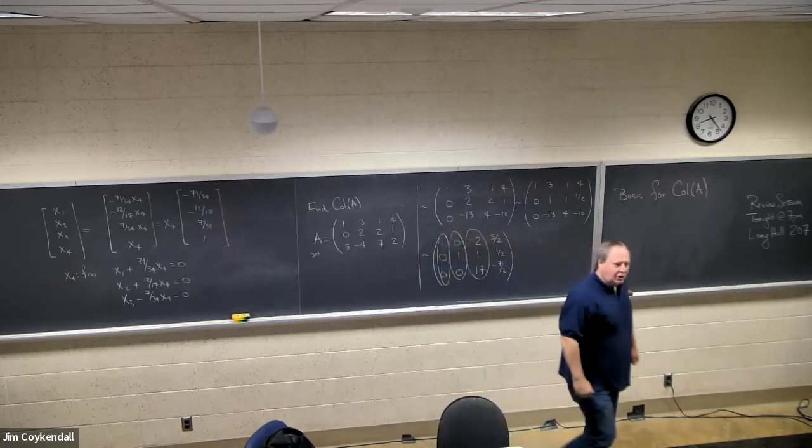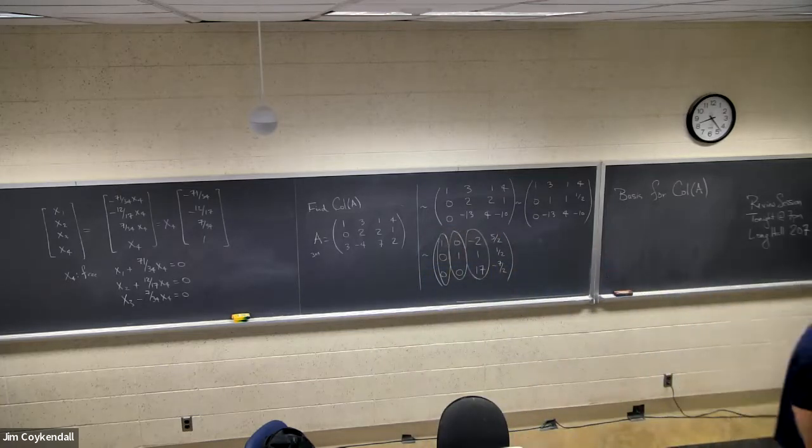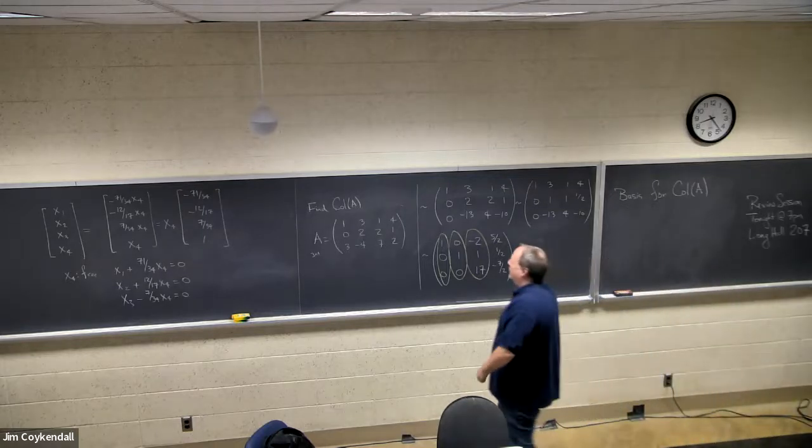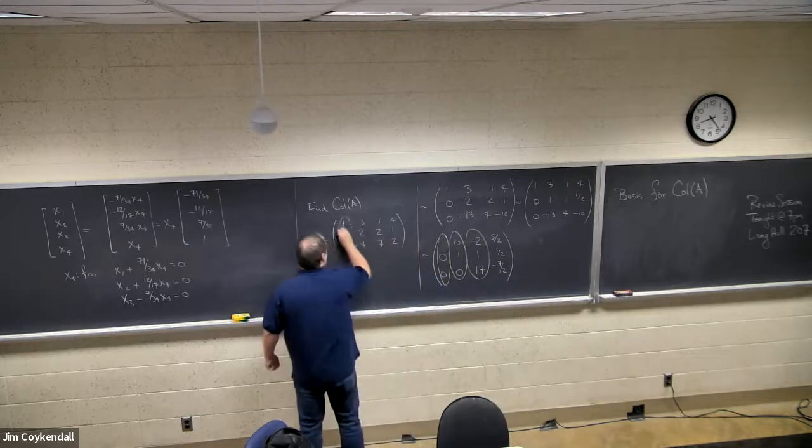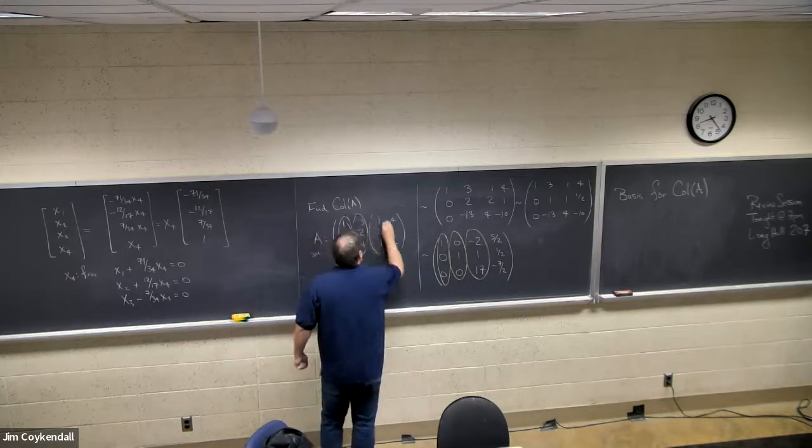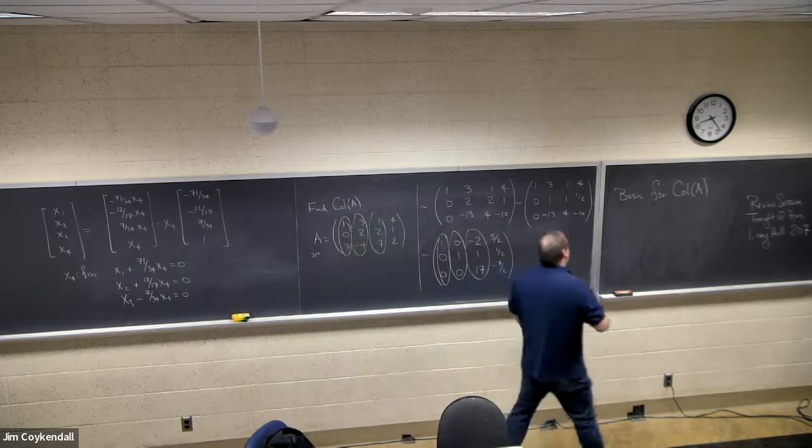At this point, I've determined that those three things that I've circled in yellow are the pivot columns, correct? But don't use them. You've got to go back to the original matrix and use the corresponding columns.